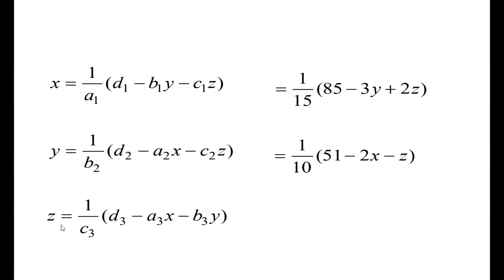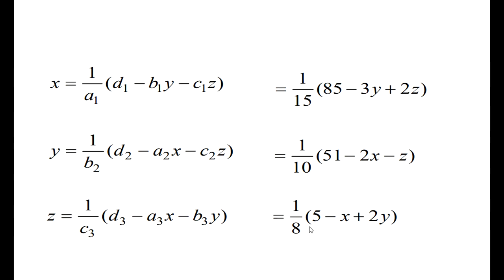For the third equation, we have to extract the value of z. The value of z is extracted as 1 upon c3 in bracket d3 minus a3x minus b3y. Put the respective values of c3, d3, a3 and b3.